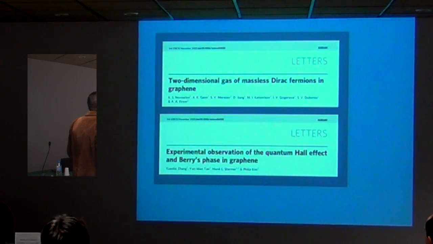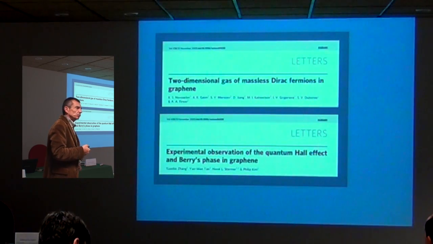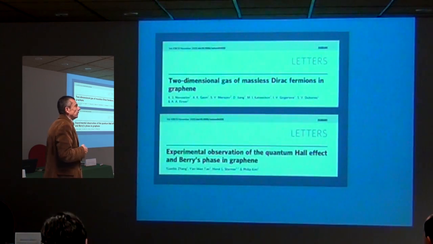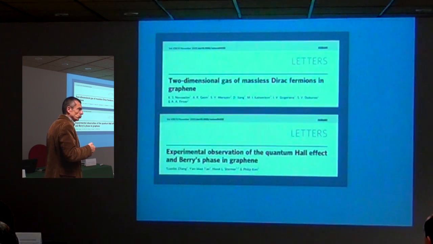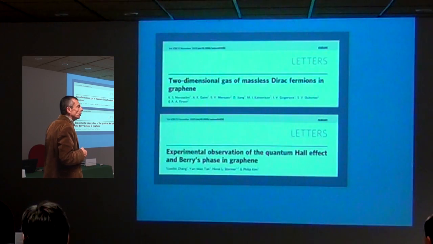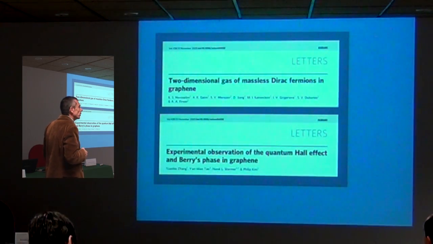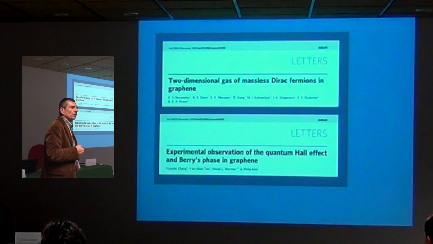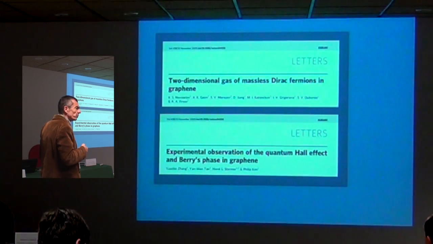Not only that, but the quantum Hall effect graphene showed was special. It didn't fit the usual degeneracies you have in a two-dimensional electron gas, and it showed that carriers in graphene were massless.